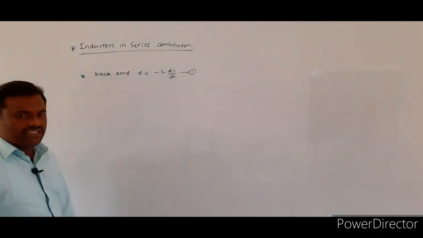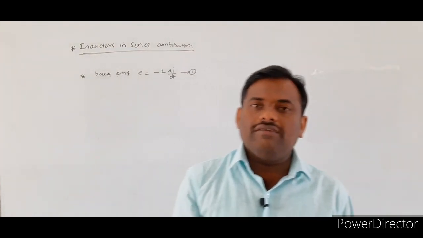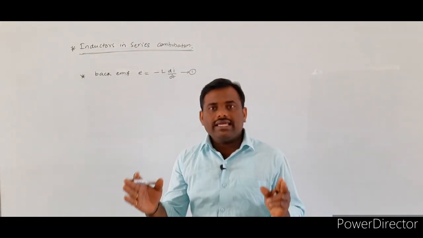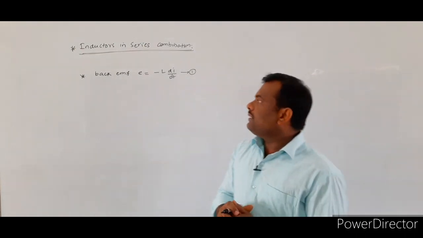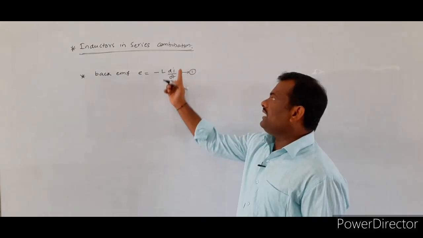What is the expression for the back EMF, which is produced due to the phenomenon of self-induction across the inductor coil? The back EMF value E is given by minus L into di by dt.